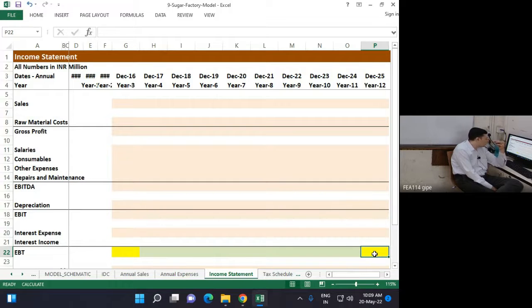What is the EBT for year 3 and year 12? So you will see making the income statement now is fairly easy. All you have to do is just link the line items from other pages.